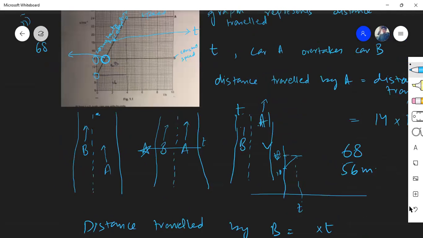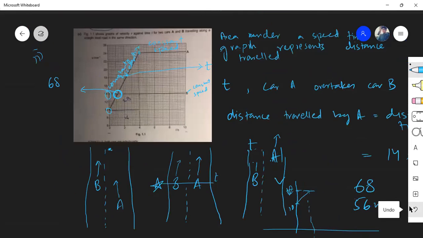So, okay, for car B, the time t can be actually anywhere on this graph. So even if it's here, you just multiply it by 14 to find the area under the graph, because this is time. As I mentioned at the start, car B is traveling at a constant speed.